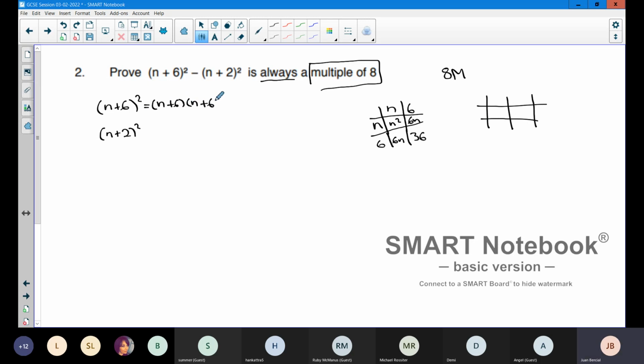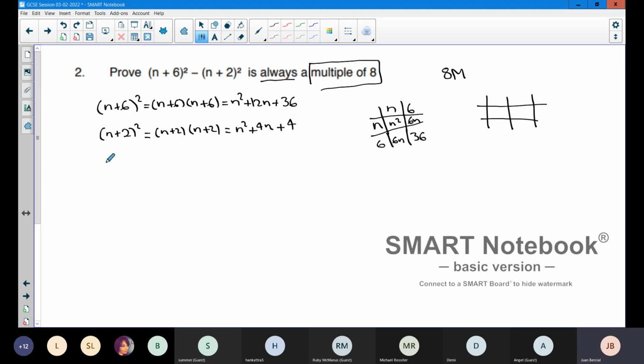But I think all of you are comfortable expanding this. So we've got n squared plus 6n twice, 12n, plus 36. And similarly with n plus 2 squared, you've got n squared, then 2n plus 2n, 4n, plus 4.